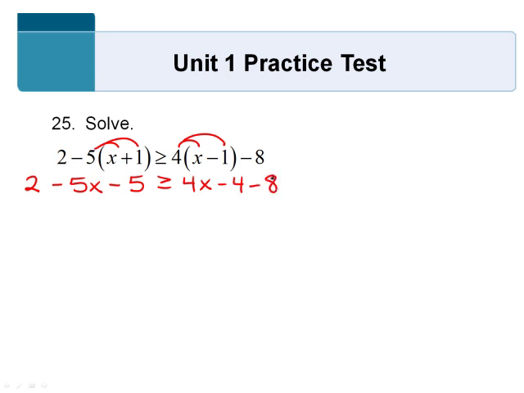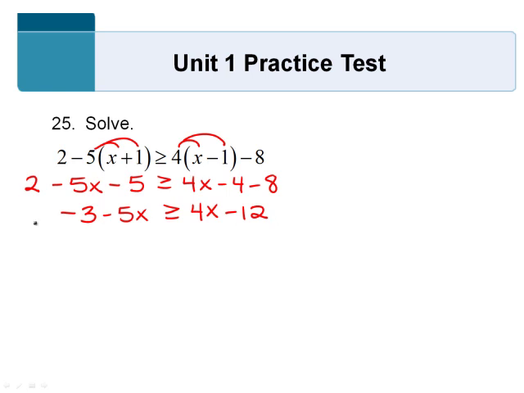Okay, so on the left-hand side we have like terms. 2 minus 5, you just combine those. That's going to be negative 3 minus 5x is greater than or equal to, bring down the 4x, and then here you've got like terms, negative 4 minus 8. Since they're both negative, you add and keep the sign, which gives you negative 12.